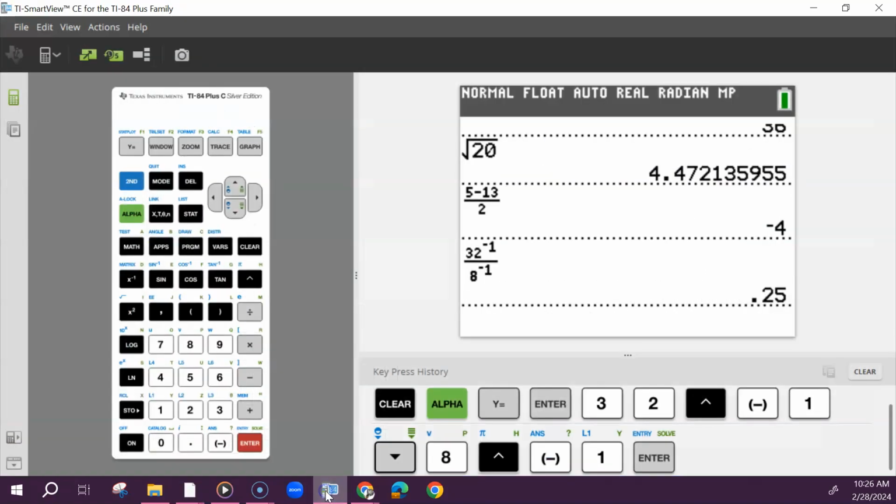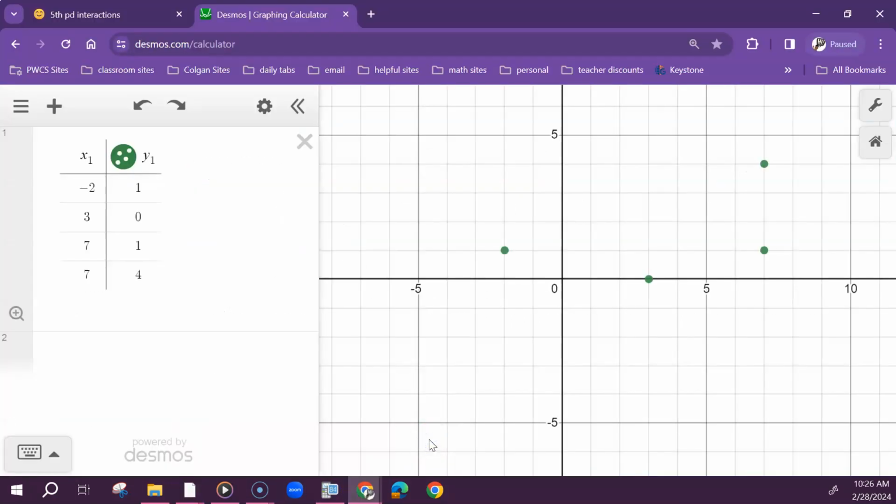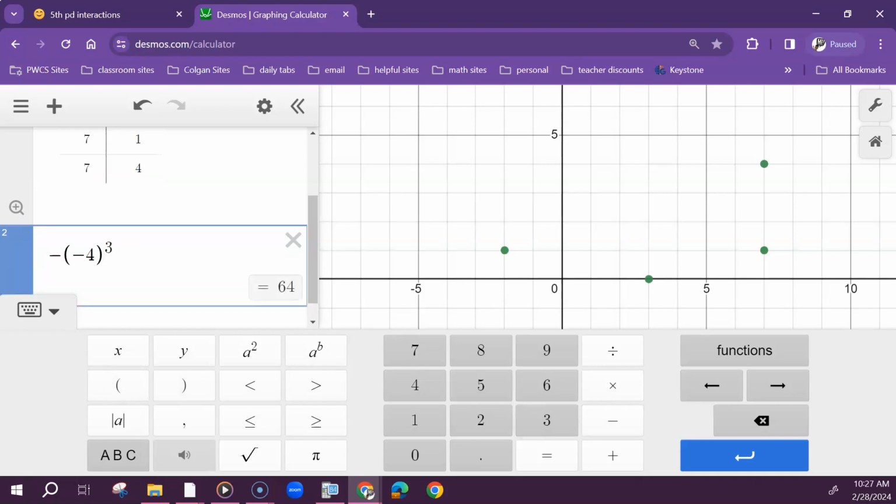Number 2, we could put that into Desmos using either the capital letters, putting it in parentheses, or using a different variable. I'll just use parentheses for today. So if I put in -4, wherever I see an x, we get 16.